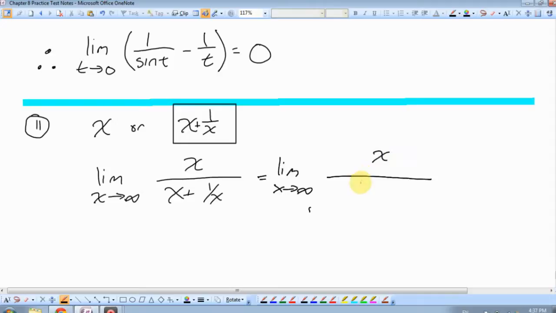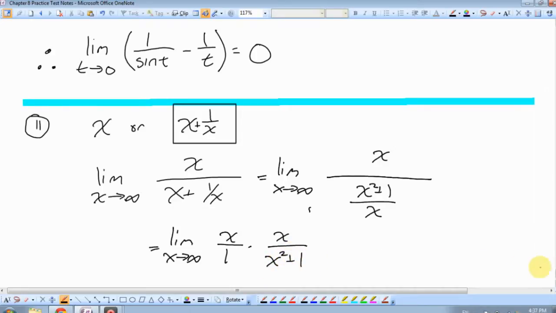That's x squared plus 1 over x. Okay, that's equal to the limit as x approaches infinity of x over 1 times x over x squared plus 1.